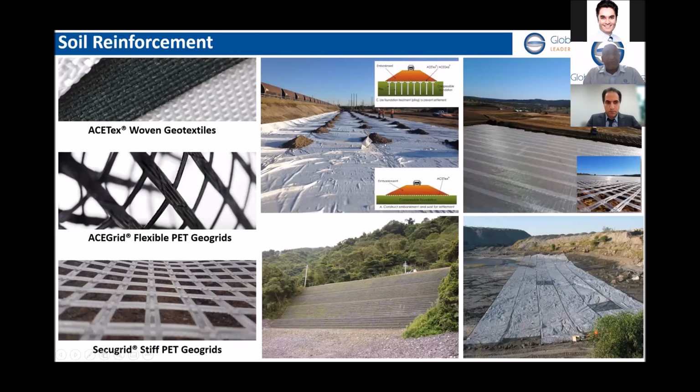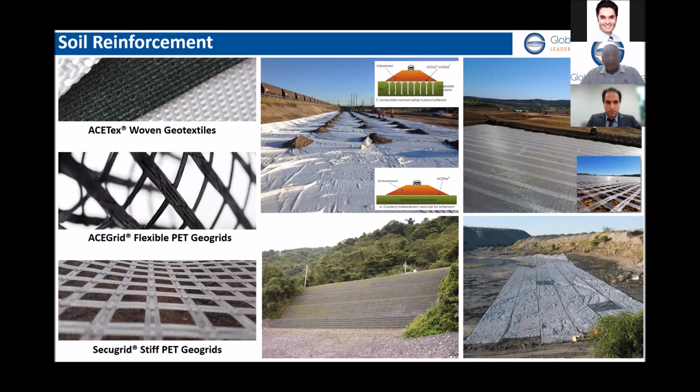In the soil reinforcement area, we have high-strength woven geotextiles, flexible polyester geogrids, and SecuGrid stiff polyester geogrids. These are long-term reinforcement for embankments, slopes, retaining walls, piggyback landfills, and construction on tailing dams.